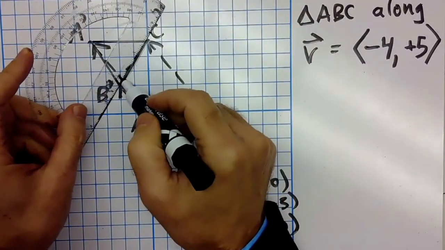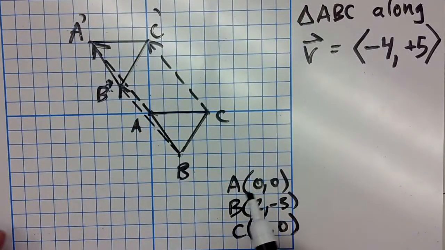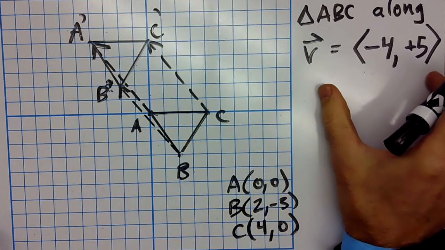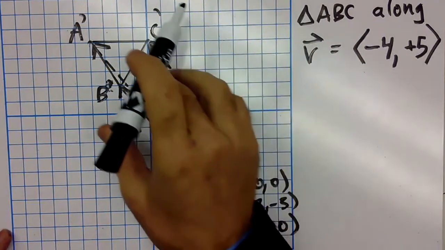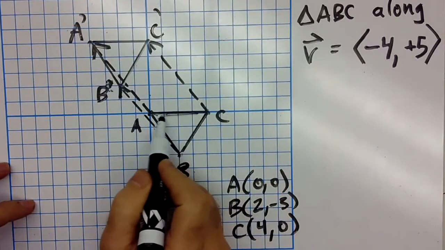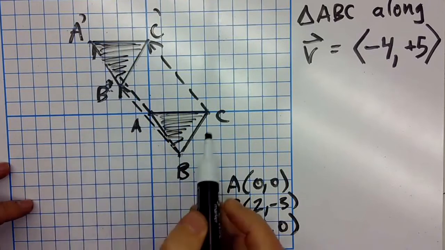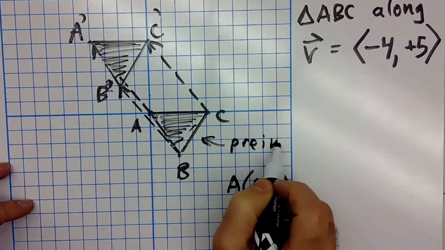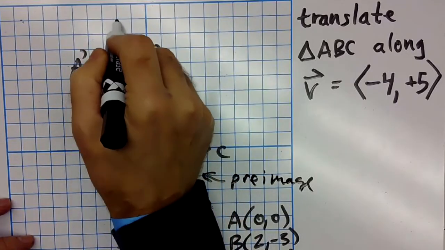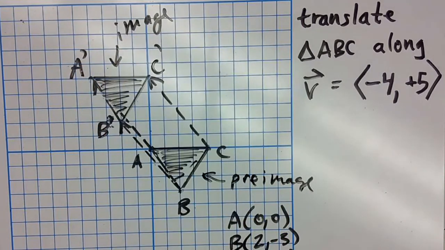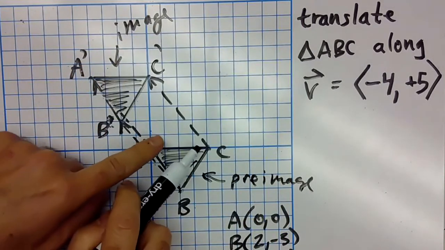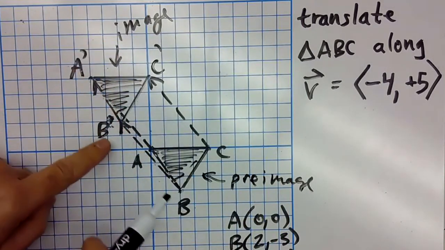And because it's a rigid transformation, the shape does not change, the size does not change. And that's how we use the vector to complete a transformation. Let me color this in so you can see. This is my pre-image, and this is my image. And how has this translated? It's translated along this vector.